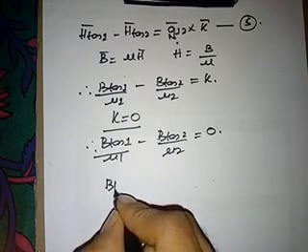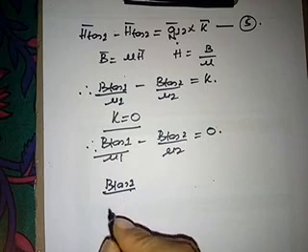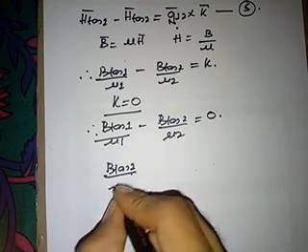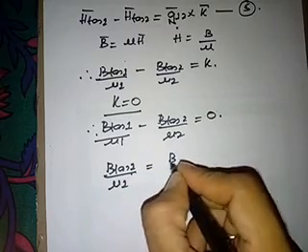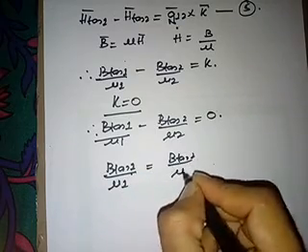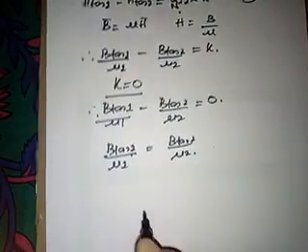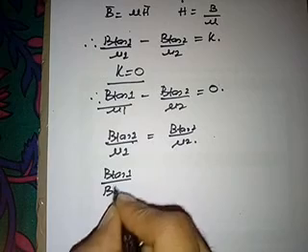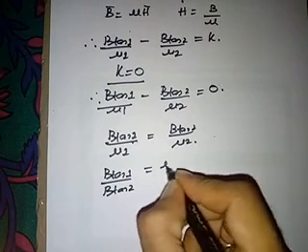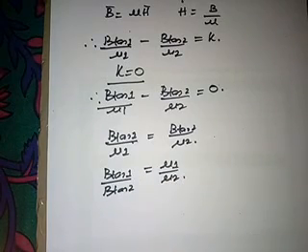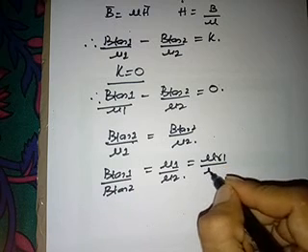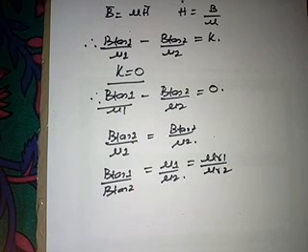Or B tan 1 divided by mu 1 is equal to B tan 2 by mu 2, or B tan 1 by B tan 2 is equal to mu 1 by mu 2, which is equal to mu r1 by mu r2.